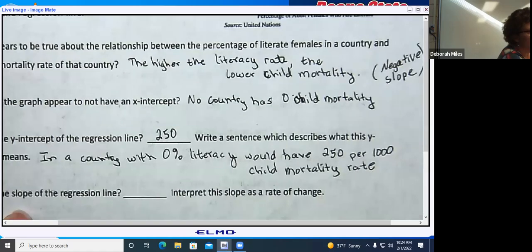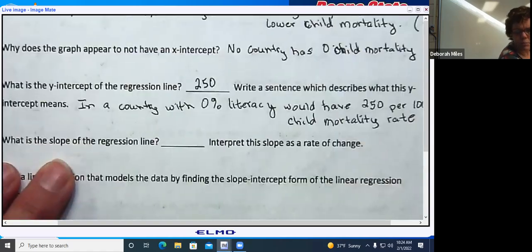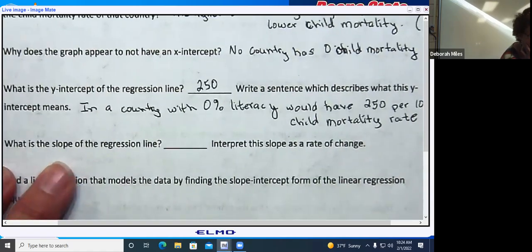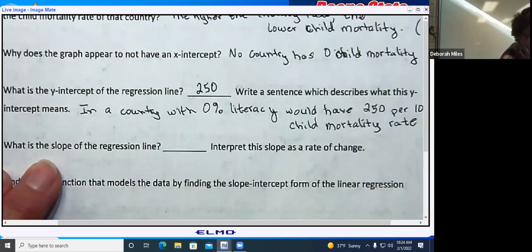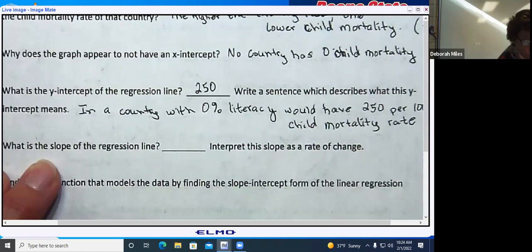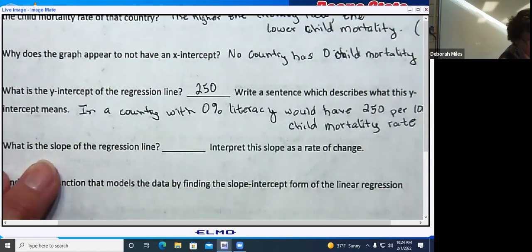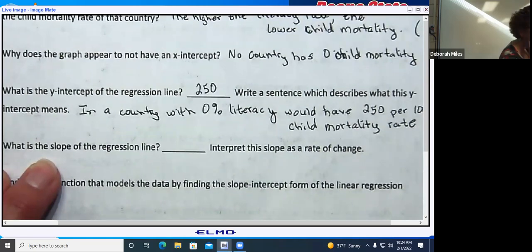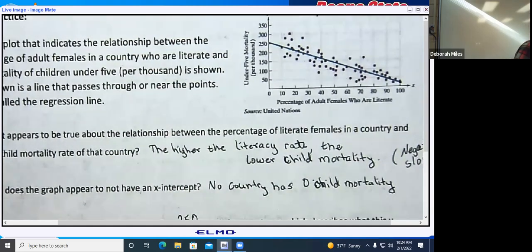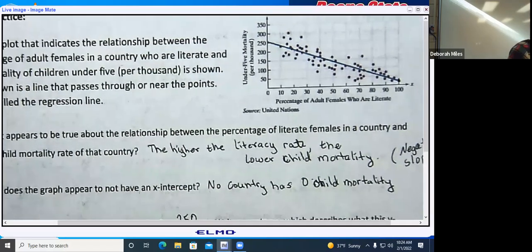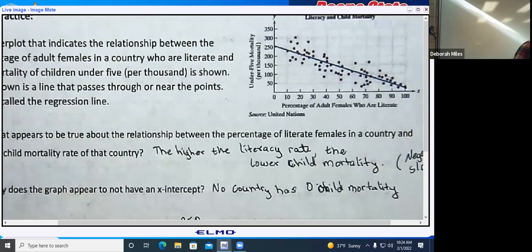Part D says, what's the slope of the regression line? How are we supposed to find that? I can tell that it's negative, but what do I need? Two points, any 2 points, and we can use one of them. If our y-intercept, we know that when x is 0, y is 250.